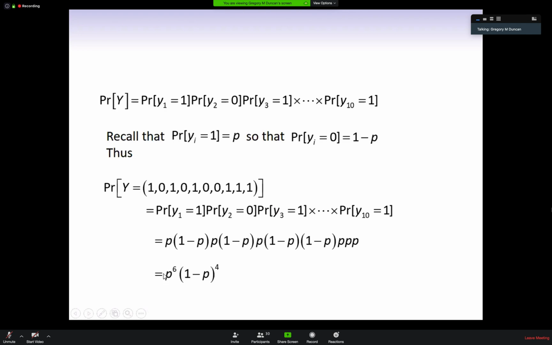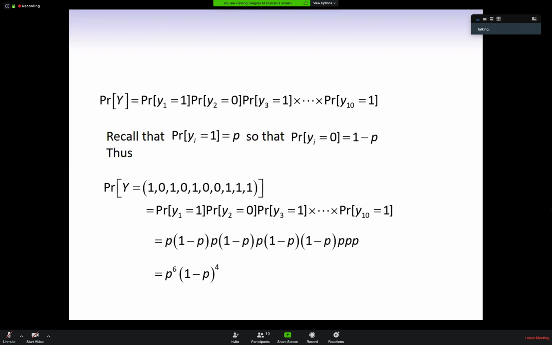You get P to the 6th, 1 minus P to the 4th: P to the number of 1s, 1 minus P to the number of 0s. And notice that 6 plus 4 equals 10, the number of observations.